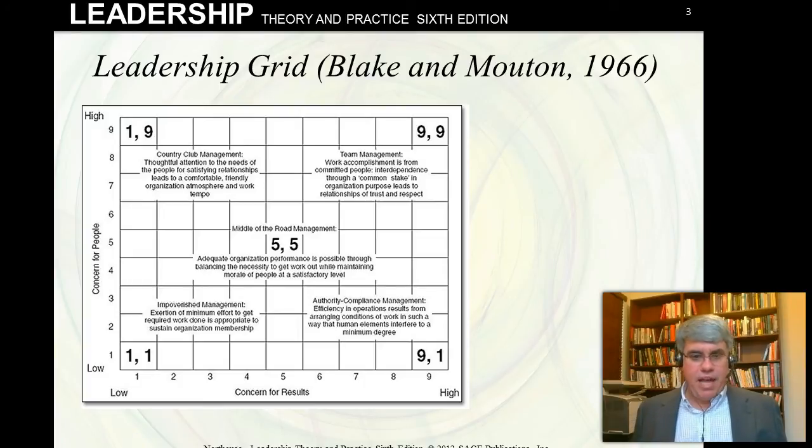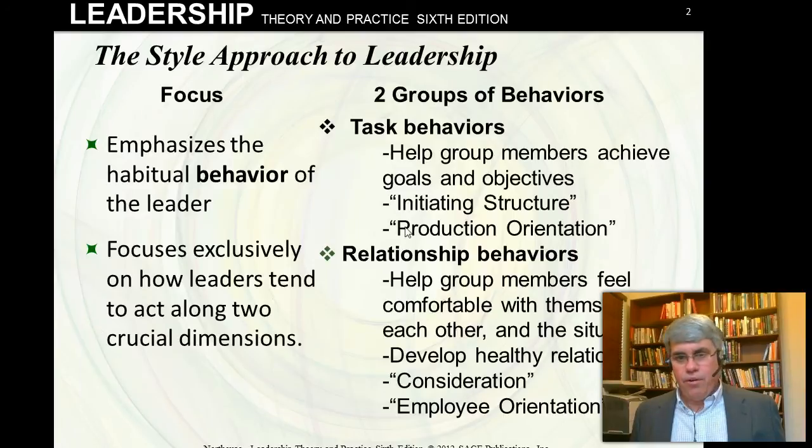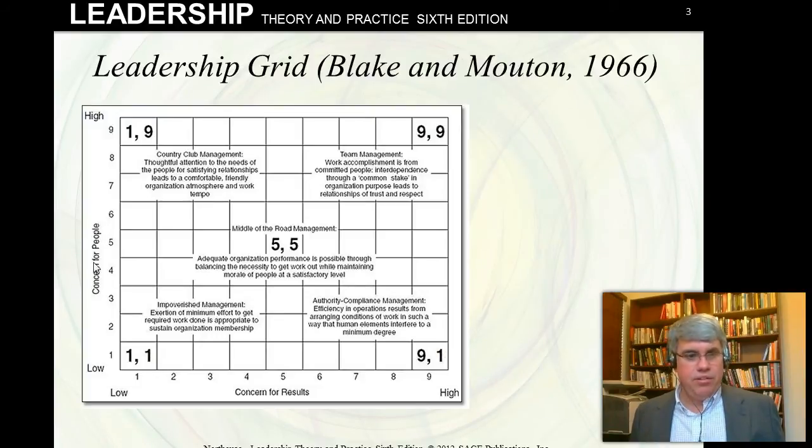So what we basically have is two dimensions. This vertical dimension here is concern for people, or the relationship orientation, or consideration, relationship behaviors, employee orientation. That's all the same thing. It's all this concern for people here. This other dimension is the task-related behavior, or concern for results.